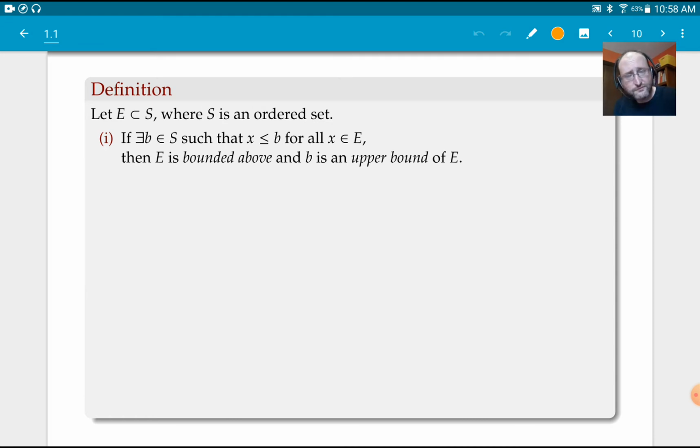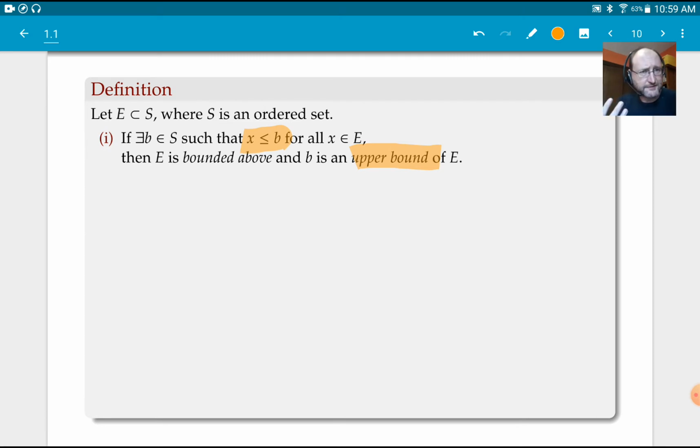If we have an ordered set S and a subset E, then an element B in S, and it's important that this is in S, is an upper bound for E if for every x in E we have x is less than or equal to B. B might or might not be in E; that's not important.